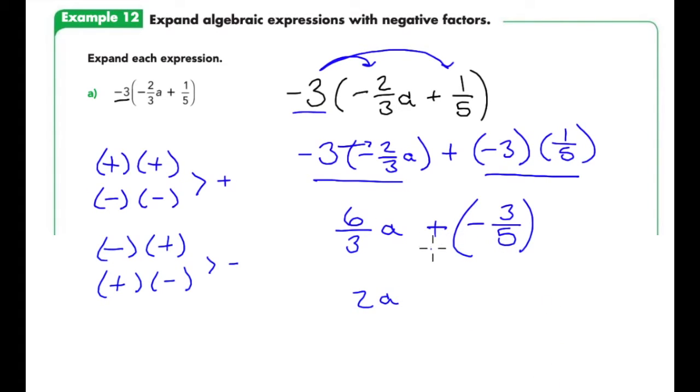Because it's plus a negative, to get rid of the parentheses and just make it look neater, I'm going to write this as minus, and then 3/5 is already simplified. I cannot do anything with that. So to expand this expression of negative 3 times the sum of a negative 2/3 a and 1/5, it was simplified to 2a minus 3/5.